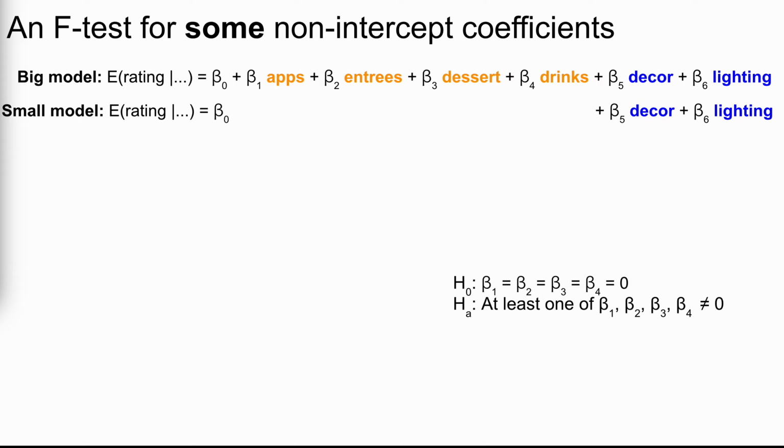For extra practice, let's evaluate the null hypothesis that the food-related coefficients, beta 1, beta 2, beta 3, and beta 4, are all 0 versus the alternative that at least one of them is non-zero. That is, we want to compare the big model with all ambiance and food-related covariates to a smaller one that drops the food-related covariates.